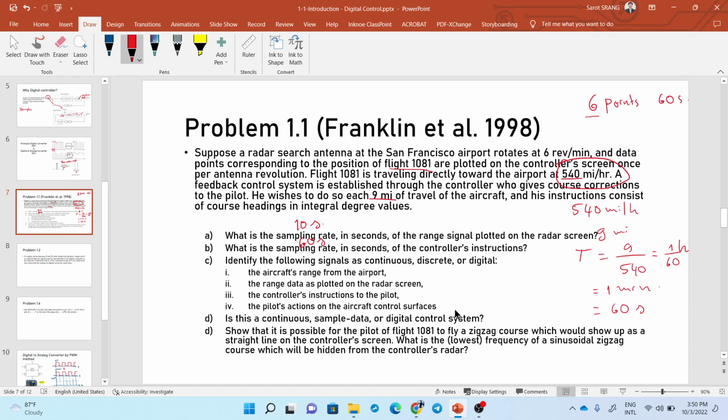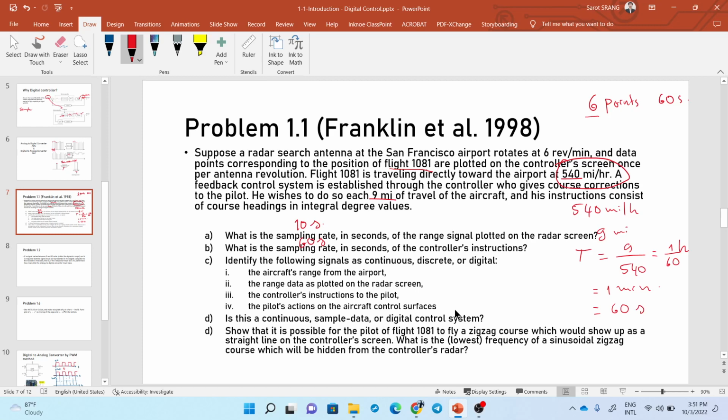And question D, is this a continuous, sampled data, or digital control system? Sampled data.